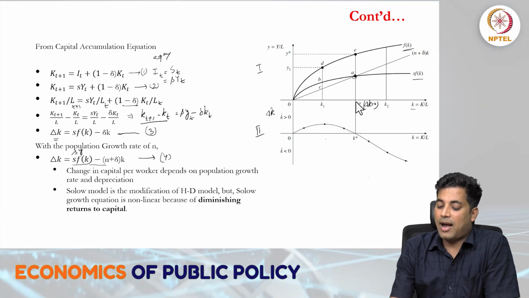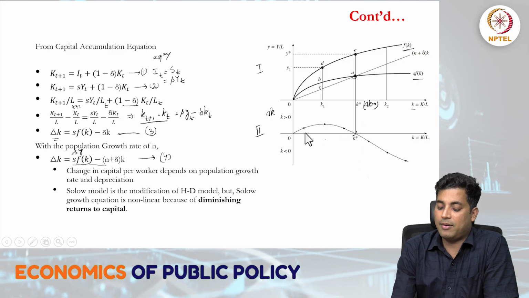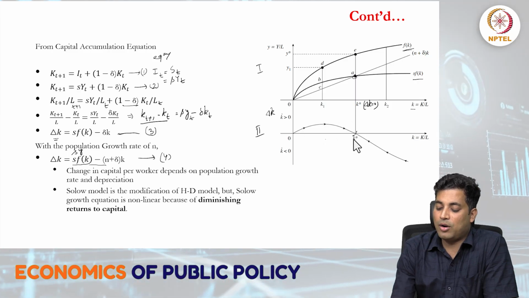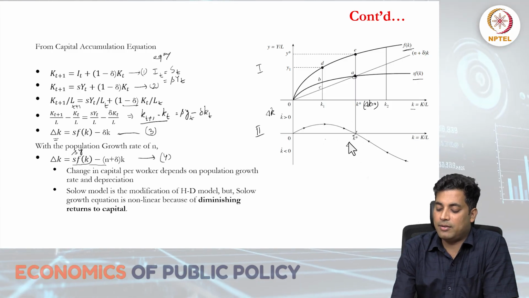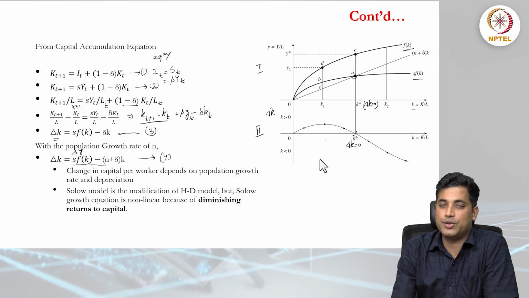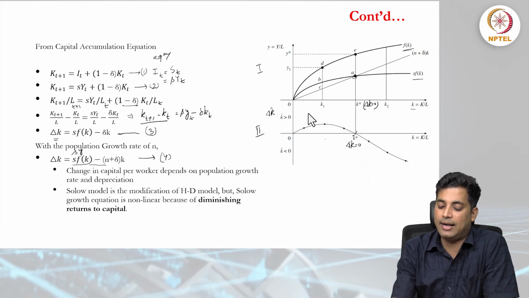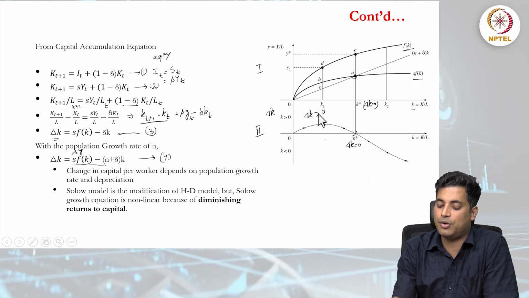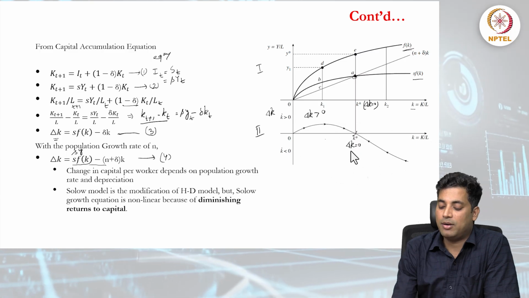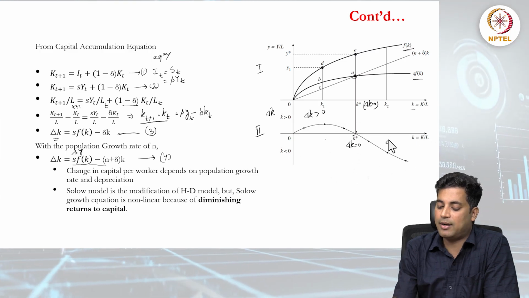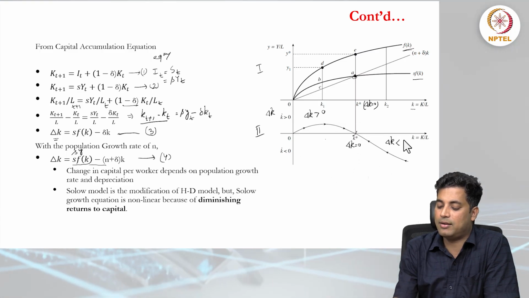At small k star, delta k is equal to 0, but on the left-hand side delta k is greater than 0, and beyond k star delta small k is less than 0.